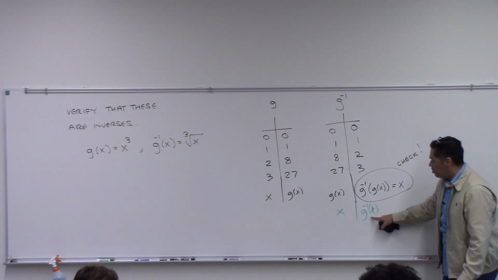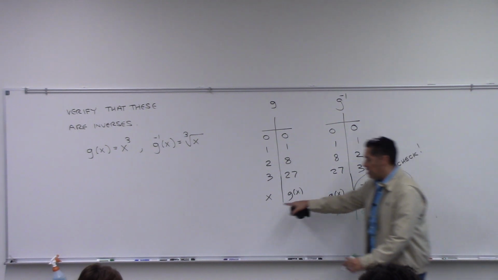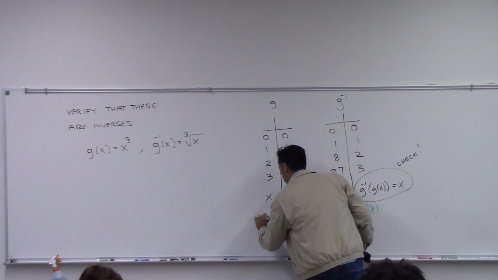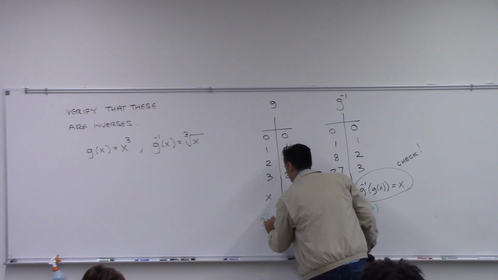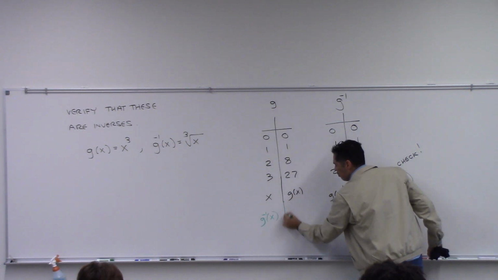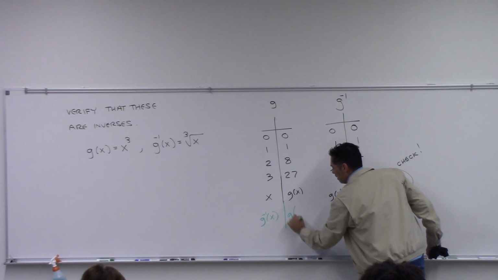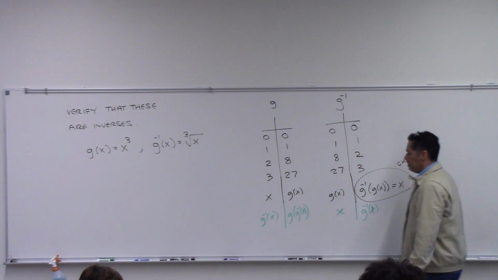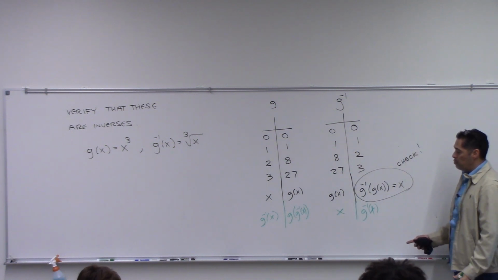Now, if we take that g inverse of x and plug it in over here to this function, it goes in through that function and becomes what over here? G inverse goes inside of g of x. And what should that come out to be as well?